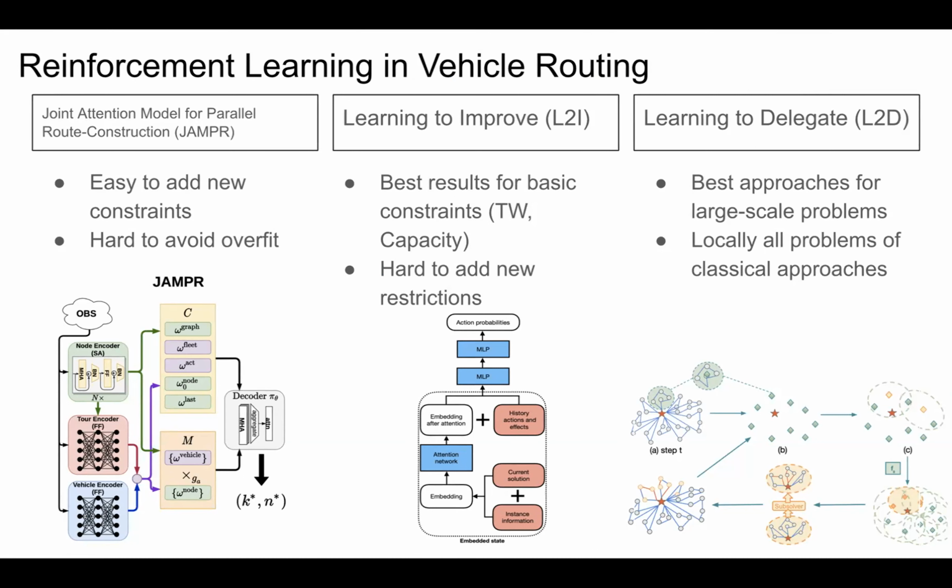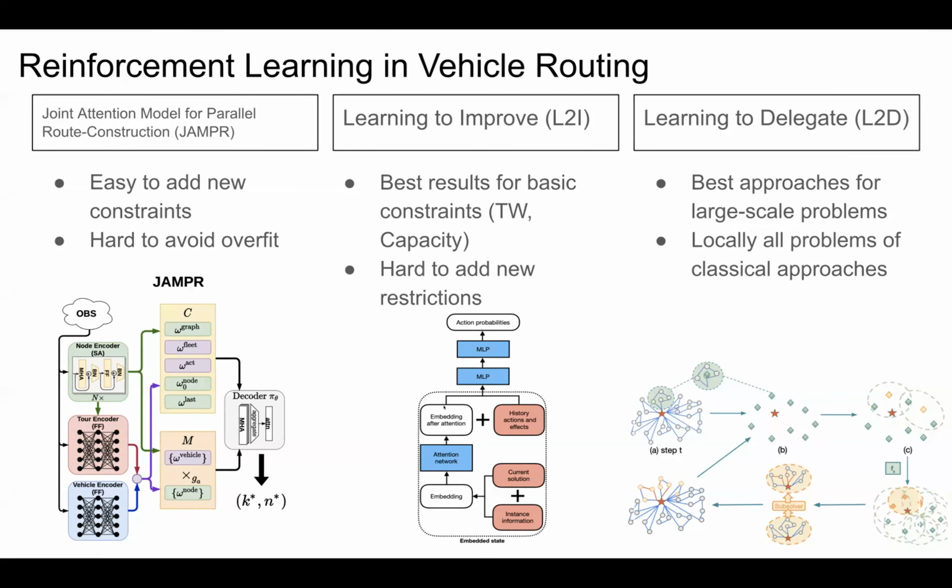And with a decoder, we try to build our route step by step. The classic basic first approach, JAMPR, used additional masks in latent space to filter feasible and unfeasible solutions, but there are still many upgrades on this.